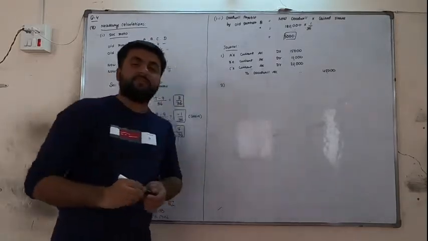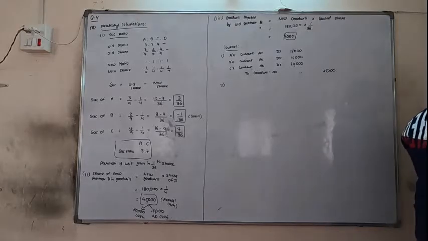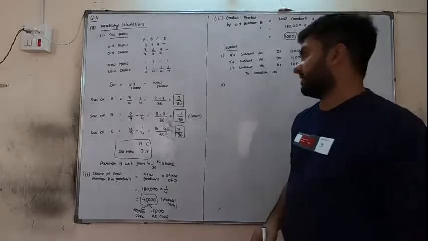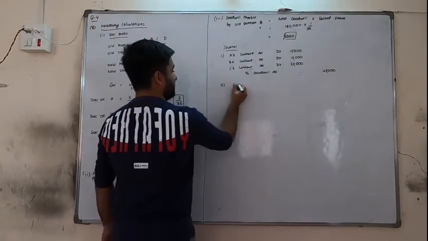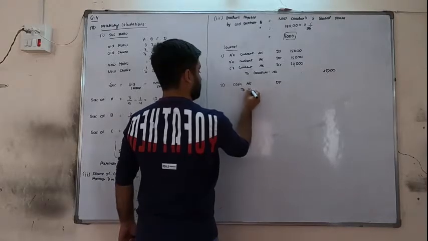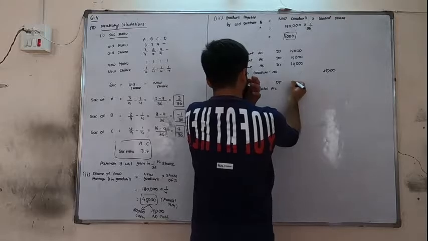The second entry as per the format is bringing capital in cash. So let's see whether capital is in cash or not. If we read the question, we see that 70,000 is brought as capital in cash. So the entry would be cash account debit to D's capital, not current, because for bringing capital only the capital account is used.